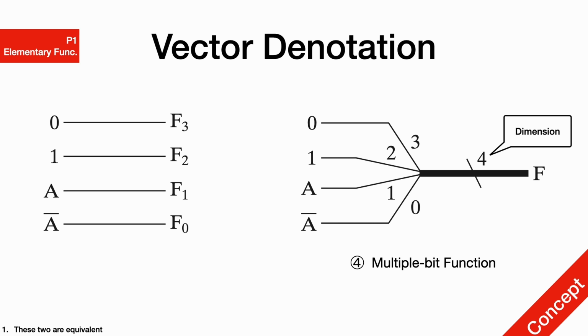On the left-hand side, it is also important that you correctly label all of the input wires that are being combined into the bus. And as our convention, we always put the most significant digit on top. So the first bit is going to be 0, the second bit 1, the third bit the value of A, and the fourth bit the value of not A.